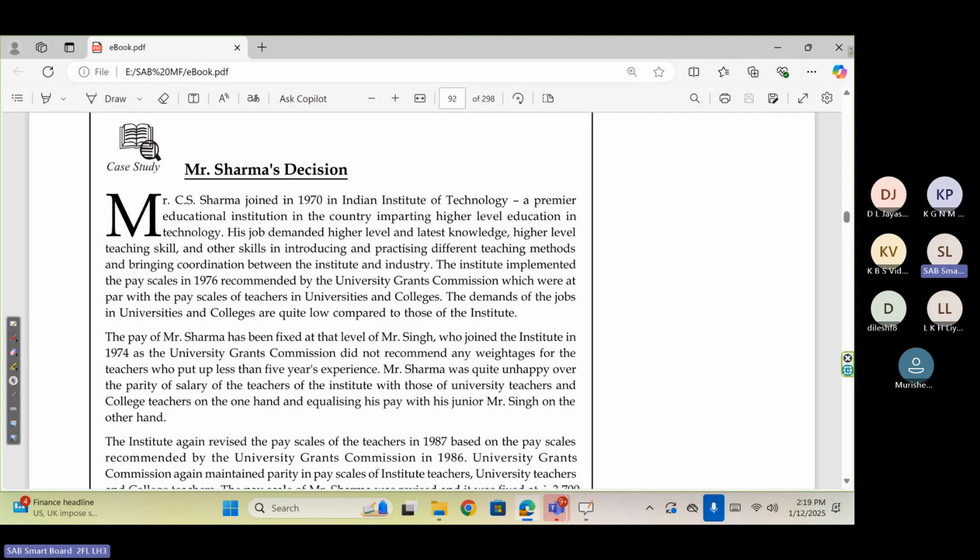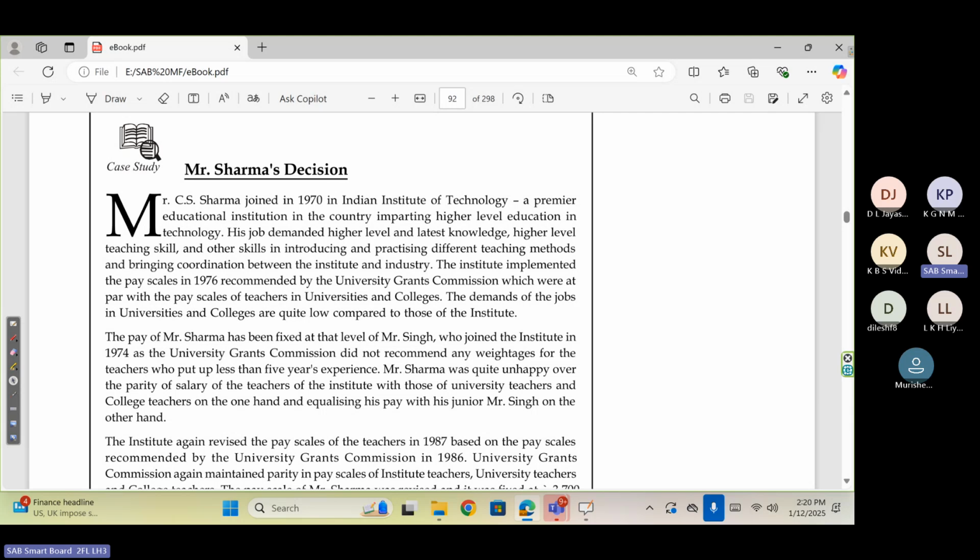The institution implemented the pay scales recommended by the UGC, right? A similar UGC system is there in India also in education. The demand of the job in universities and colleges is quite low compared to those in the institutions. Even now it is similar in India.